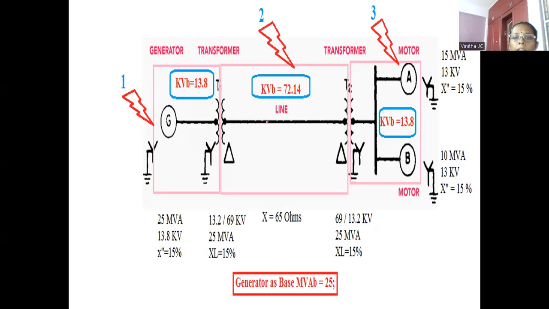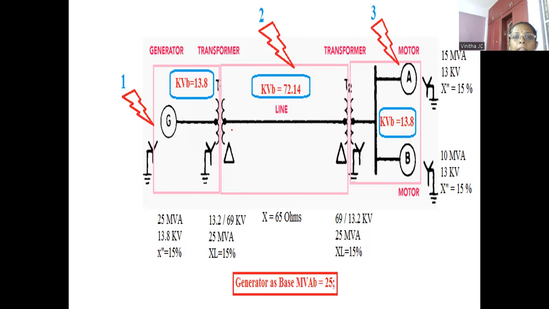Now we need to calculate the voltage KVB new for the second section. The second section is the transmission line, which is connected to the secondary, that is the high tension side, of transformer T1 and the high tension side of transformer T2.